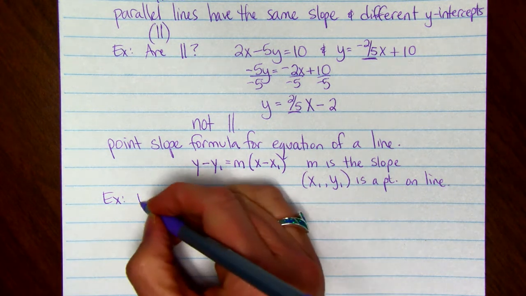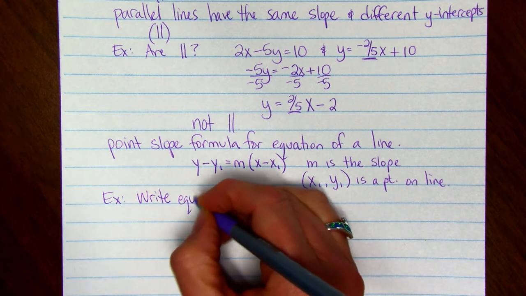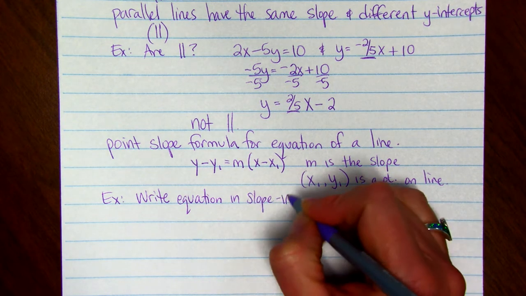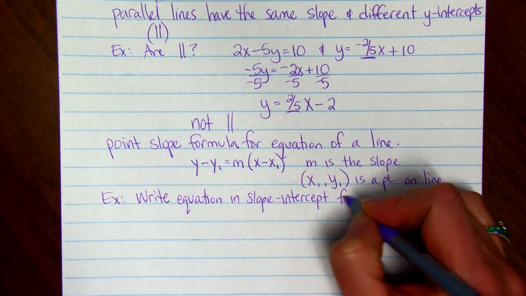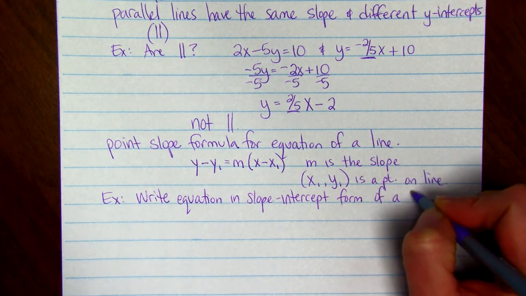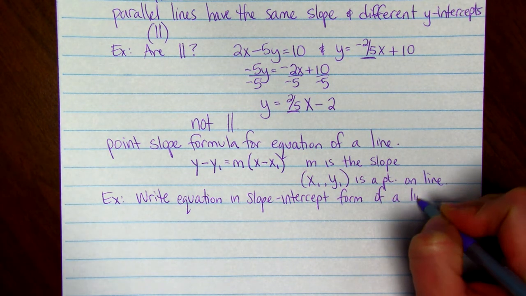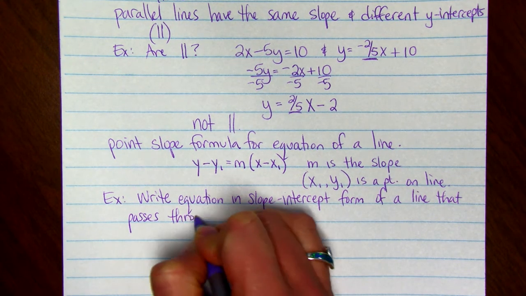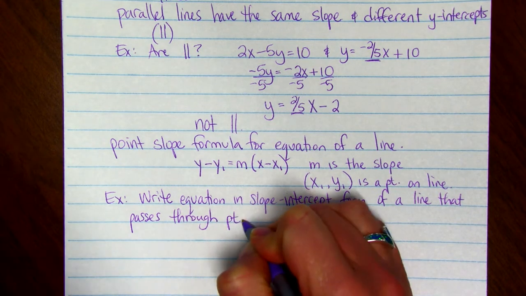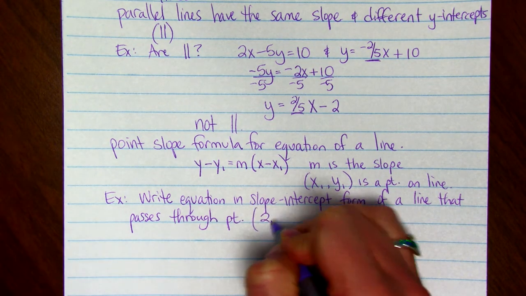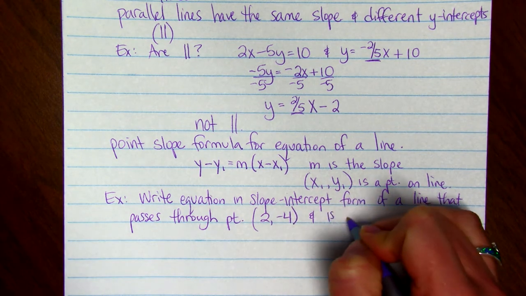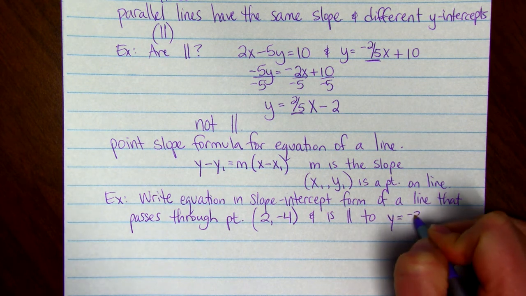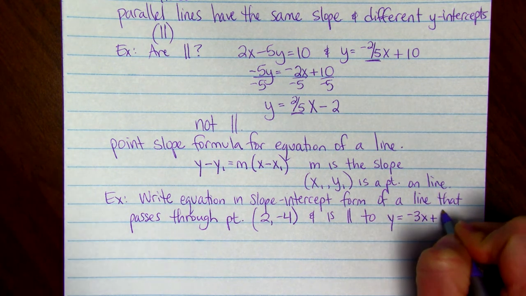We want to write the equation, in slope-intercept form, of a line that passes through the point 2, negative 4 and is parallel to the line with the equation y equals negative 3x plus 1.